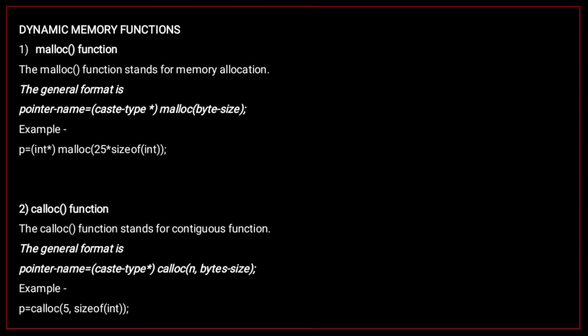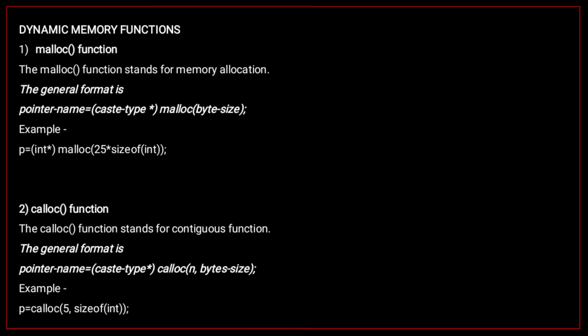Memory allocation. Now this function stands for memory allocation. This function is used to dynamically allocate a single large block of memory with the specified size. This function reserves memory space of specified size and returns a pointer pointing to the memory location. The pointer returned is of type void, meaning we can assign the memory allocation function to any pointer.